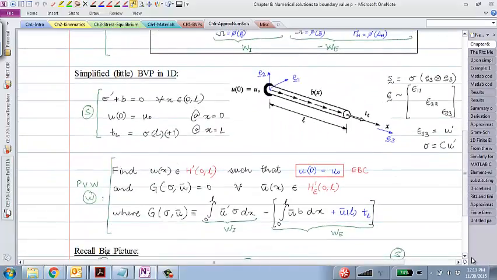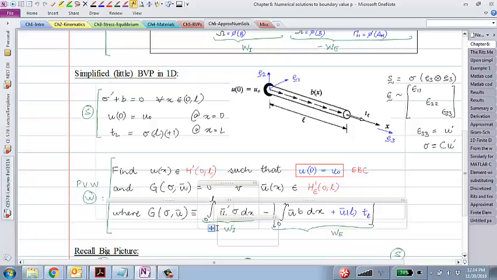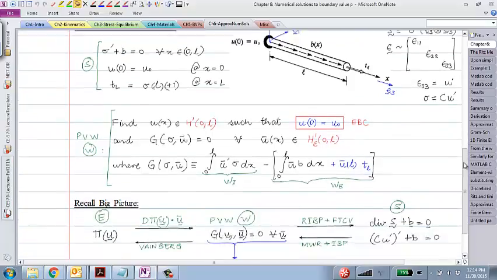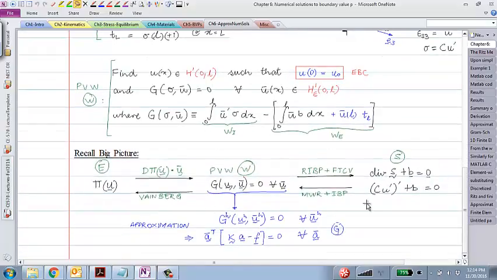So what we are going to do is to try to understand how we can get approximate solutions to the weak form, which would be approximate solutions to the original strong form as well. I'm just writing the same strong form for the 1D problem and the corresponding weak form for the 1D problem that we had seen. And as I just mentioned, from that big picture view of strong form, weak form, energy form, what we're going to take is this PVW form of the weak form, this guy.